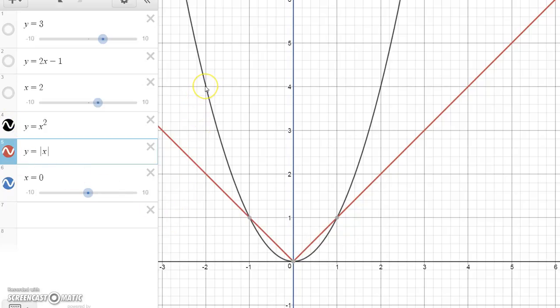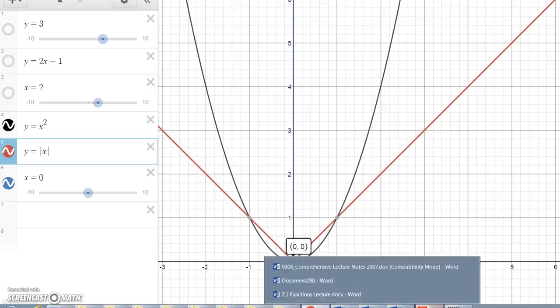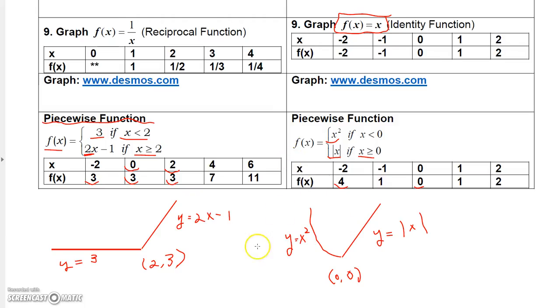Now watch close. To the left of 0, you're going to be on the parabola. And then when you get to 0, you're going to change trains here, and you're going to get on the absolute value function. And so if you put it together and remove the stuff that's in the way, it looks kind of like this.